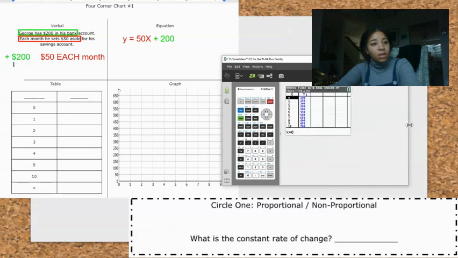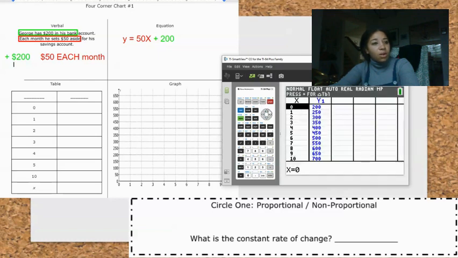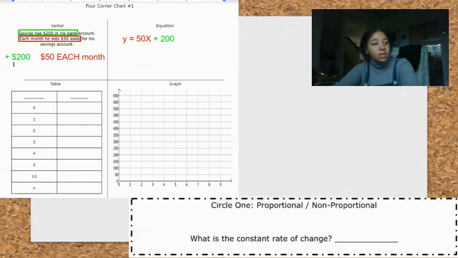If you look here, we see if x is 0, y would be 200, 1, 250, 300, 350, 400, 450, 5, and so on until you get to 10. So it will look like this. Months, which is our x-axis, and money, which is always dependent, is our y: 0, 200, 250, 300, 350, 400, 450, and then we'd have $700 for 10.